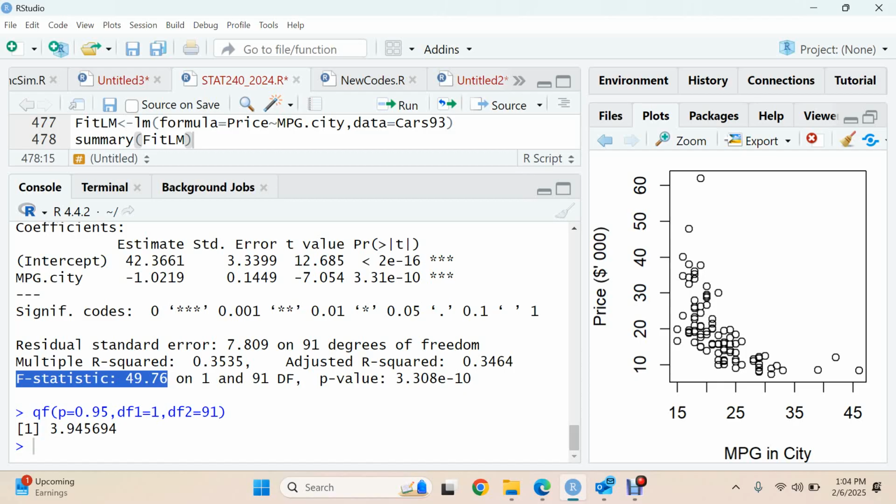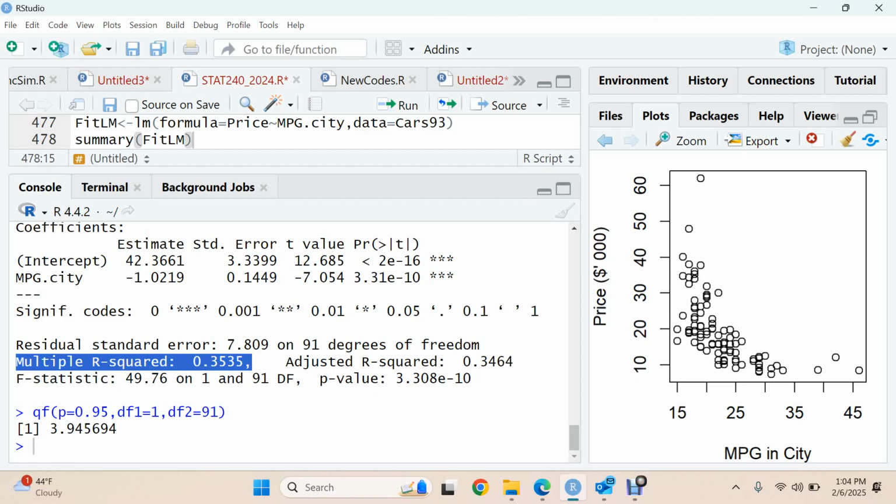Last one is R squared. You remember you've also done R squared. So R squared gives you what? The percentage of the variation in the dependent variable that is explained by the regression that we have done. If we plot the price of a car on its own, we'll have a scatter plot with variation.